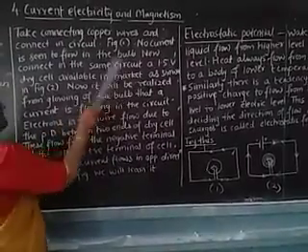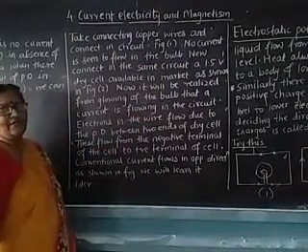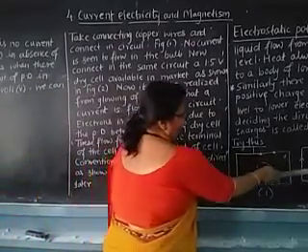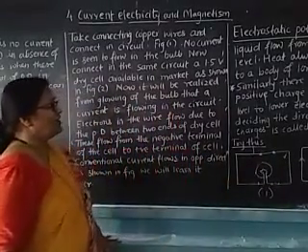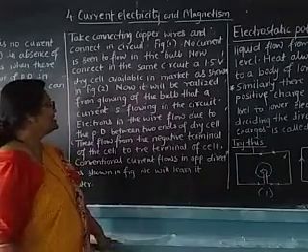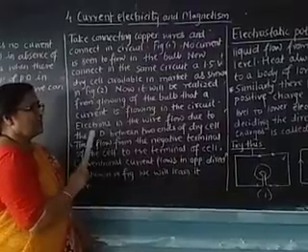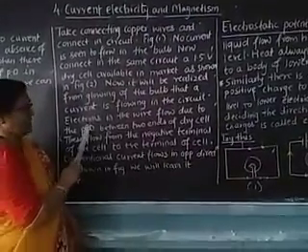Now see what will be realized: after connecting the cell, the bulb starts to glow, or you can say the charge is flowing, or the current is flowing in the circuit. Now what happens here actually?